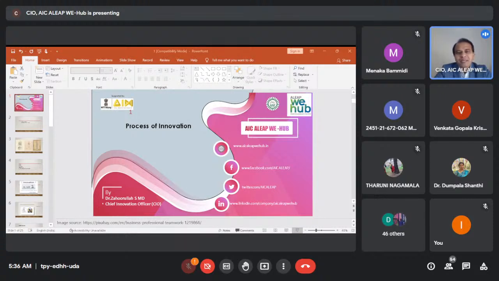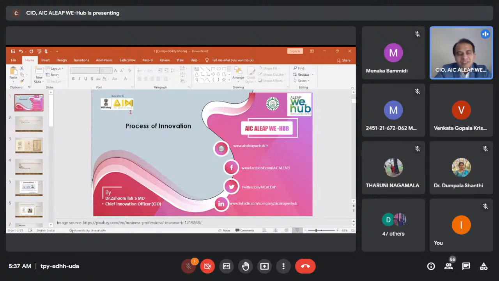If you look into the industrial revolution, most of the inventions and innovations led to the industrial revolution, and right now we are at 4.0. So we are addressing the latest technologies because of all these inventions and innovations.